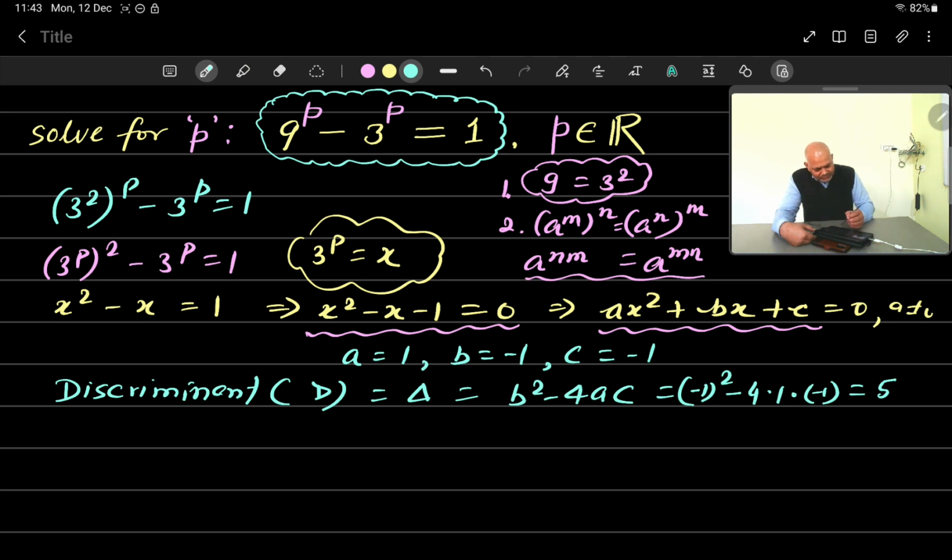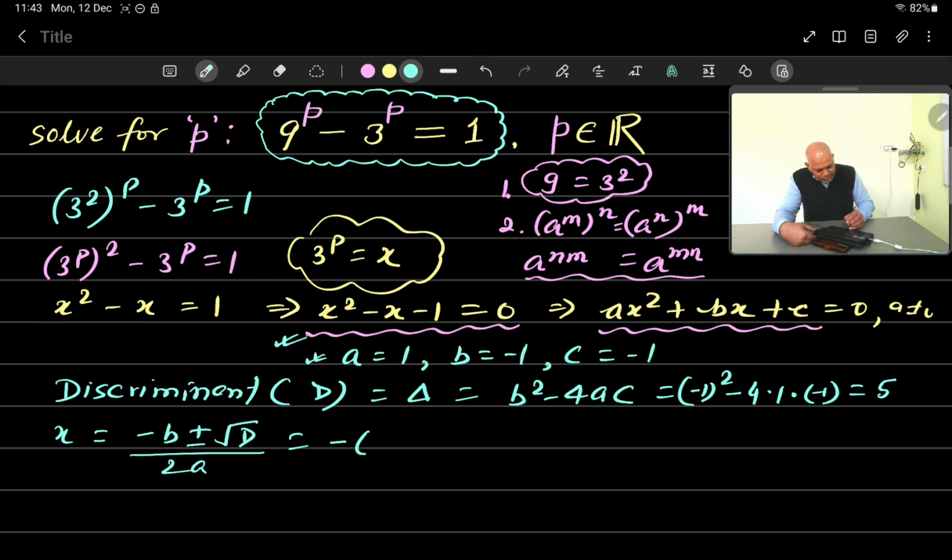Now you can write the solution for this equation. The solution is x equals minus b plus minus root d divided by 2a. Now you have to insert the values of b, d and a from here.